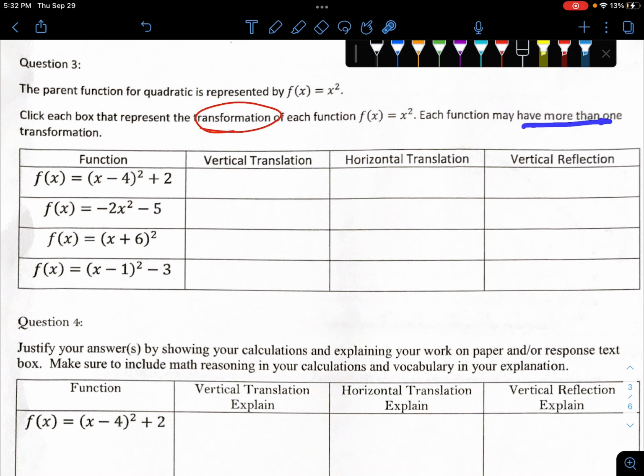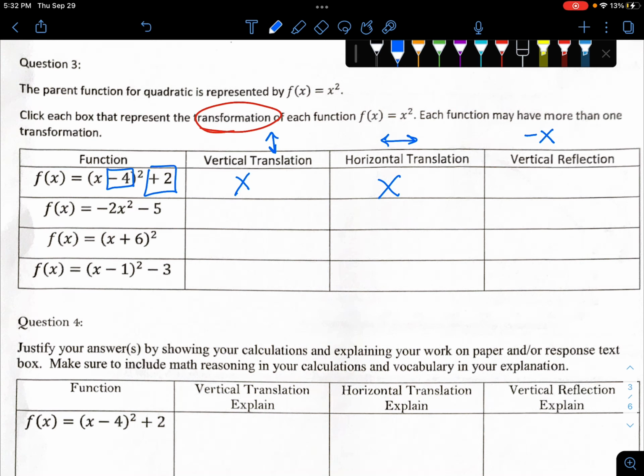So in this case, if it's inside the parentheses, we have a horizontal translation. A vertical translation is outside the parentheses. So you don't click reflection here. There's no reflection. So vertical translation, horizontal translation, and negative if you see a negative in front of the x for reflection.